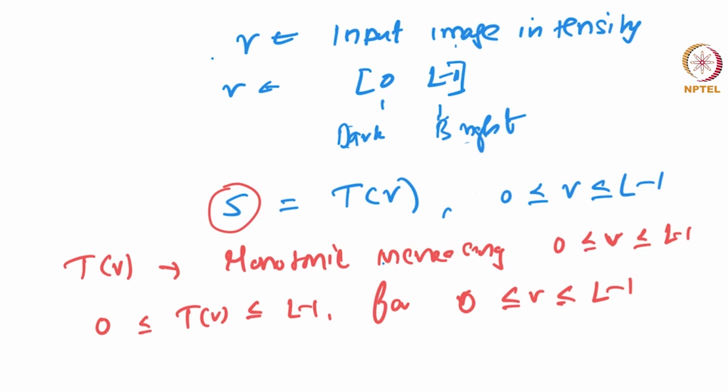So if RGB images, for instance, are between 0 to 255, when we do this histogram equalization, we don't want to suddenly have pixel values like 500 and all that. It has no meaning. So that is what this ensures. Okay, so it's a monotonic increasing function, and it also maps into the same range. Okay, so that's the idea.